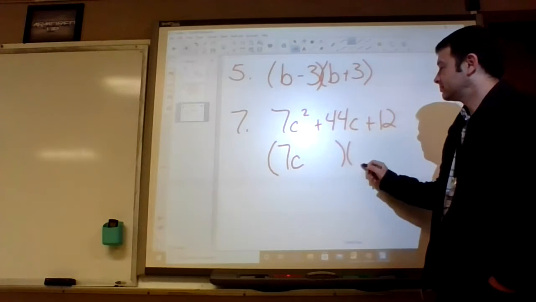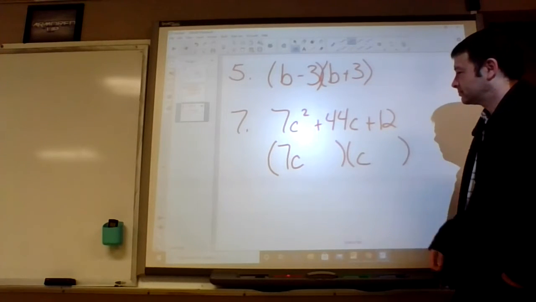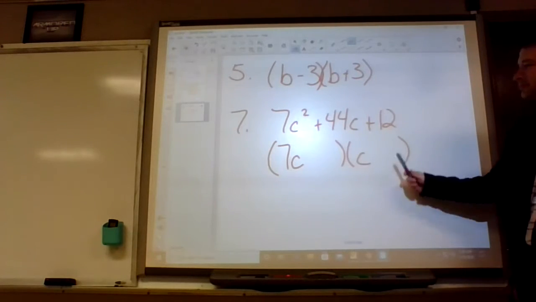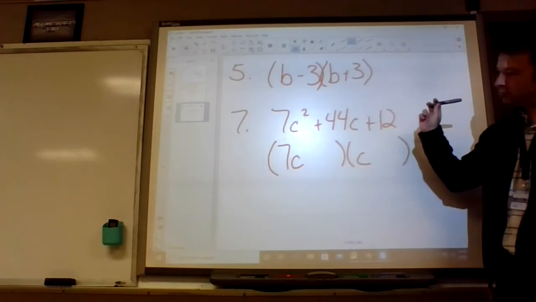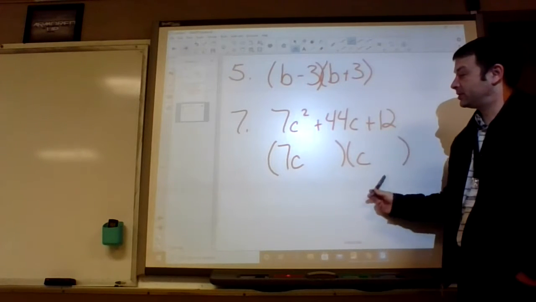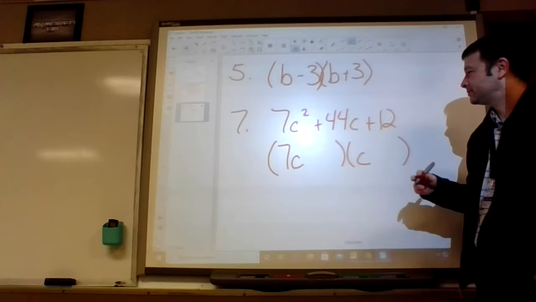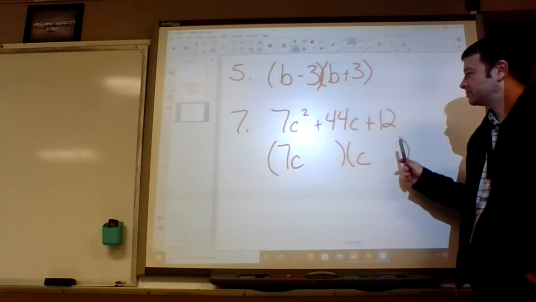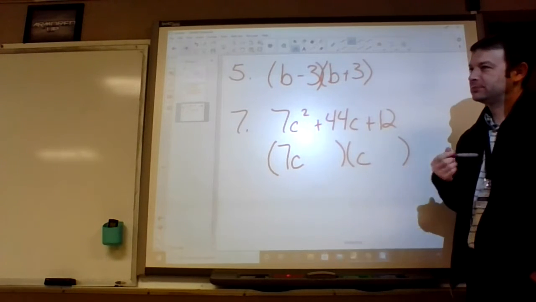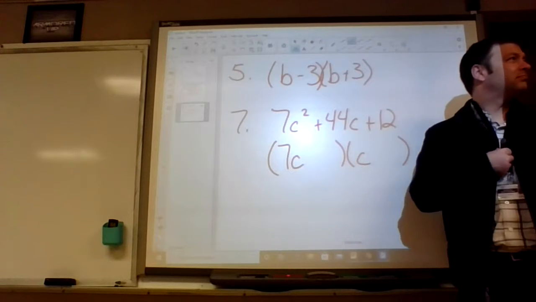So 7c and then 1c, and then we gotta figure out what multiplies to 12 that foils to 44. So there's 2 and 6, and then there's 1 and 12, and then there's 4 and 3, I think. So those are the things we could use.